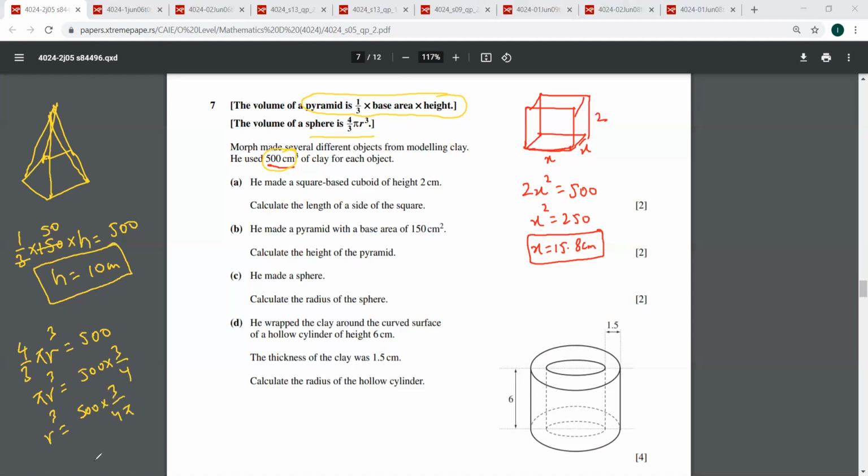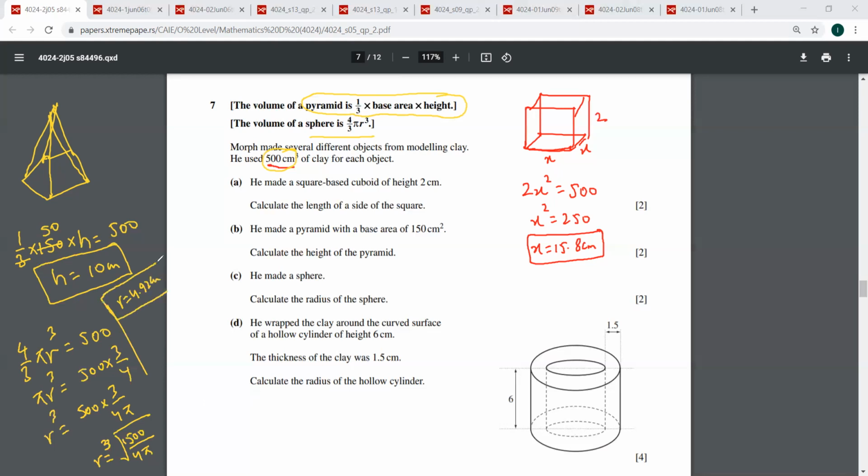And then you take its cube root, cube root of 1500 over 4 pi. That will be the radius. So this is 4.92. So this radius is going to be 4.92 centimeter.